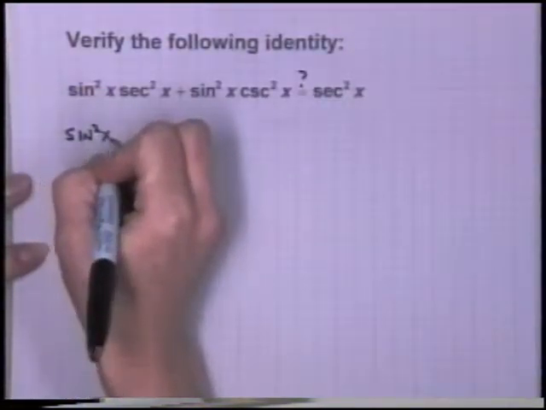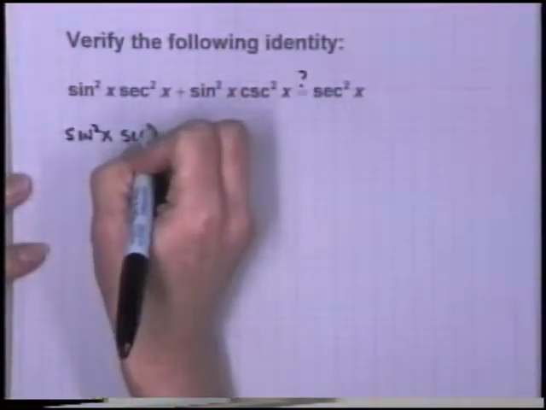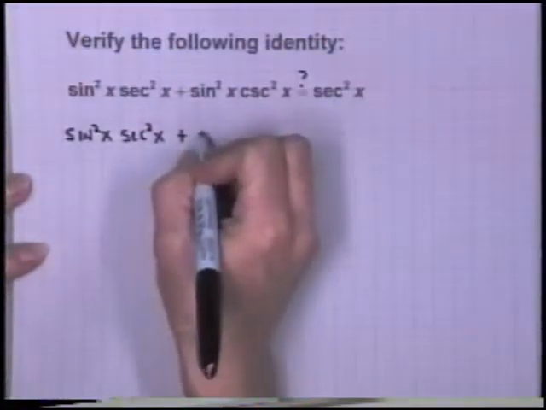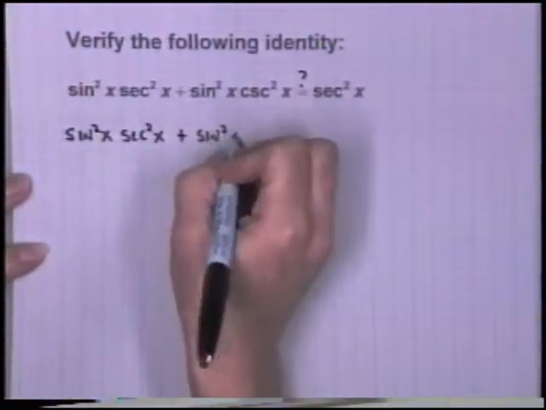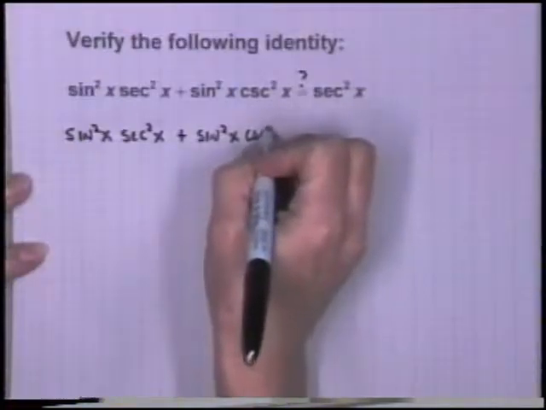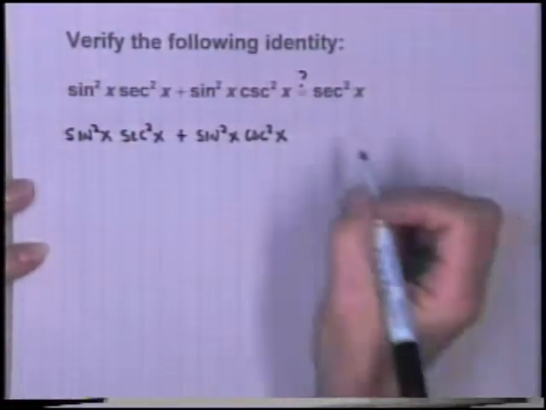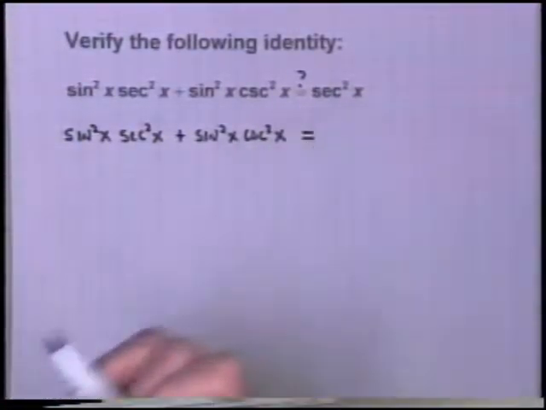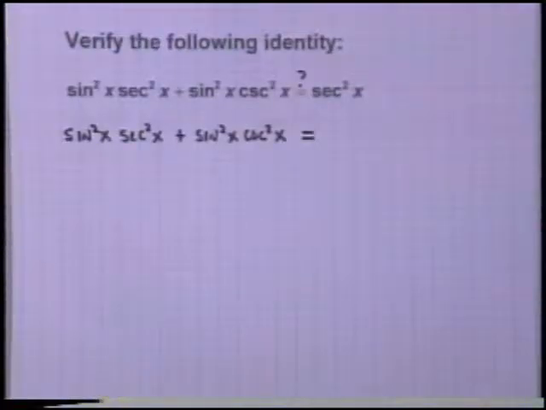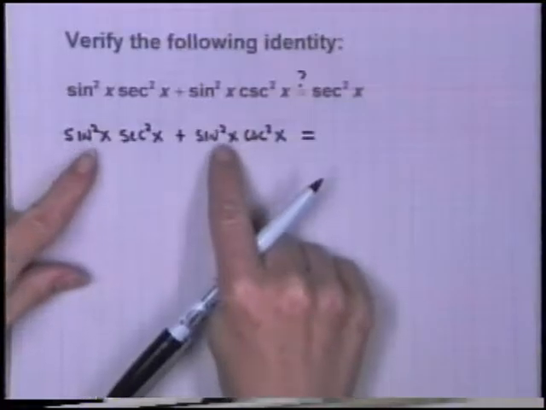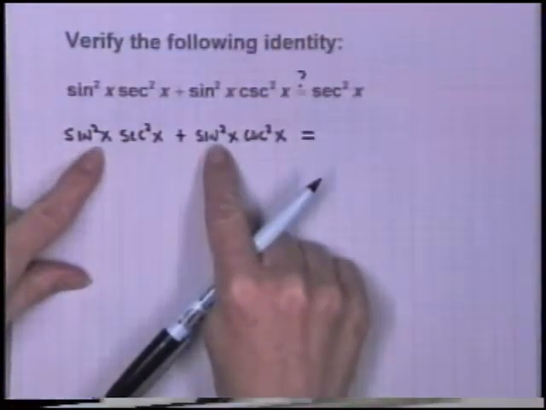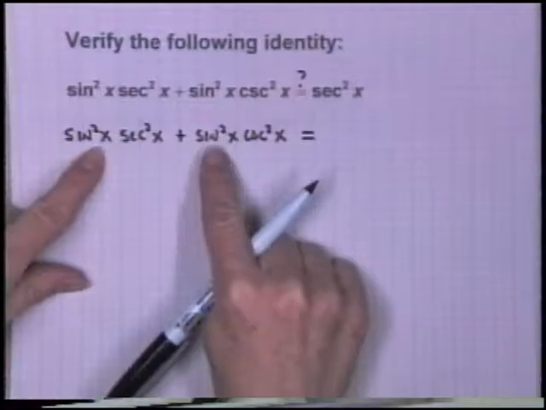I'm going to go ahead and recopy sine squared x, secant squared x, plus sine squared x, cosecant squared x. And we're going to have to decide now, what can I do with this? Well, there's a couple of things that I see that perhaps might work. I see sine squared x as a common factor, so that might be a possibility for me, that I might factor that out.